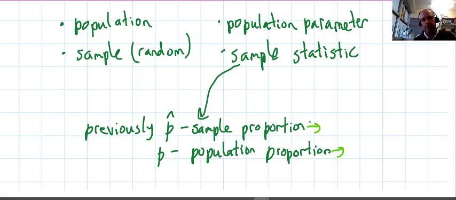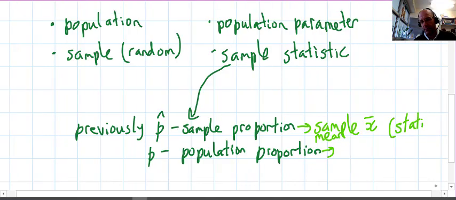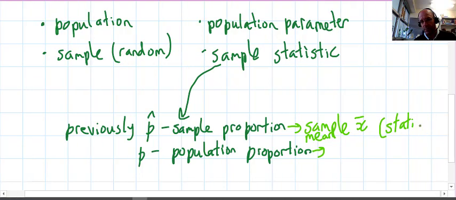In this unit and in this sequence of videos, we're going to look at something else instead of the sample proportion. We're going to look at what's called the sample mean, or lower x bar. That's the statistic that we're focusing on instead of sample proportion.